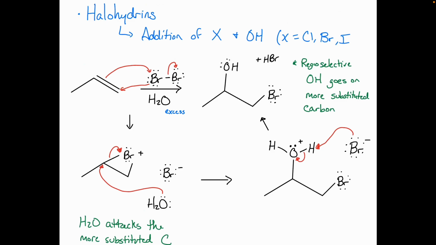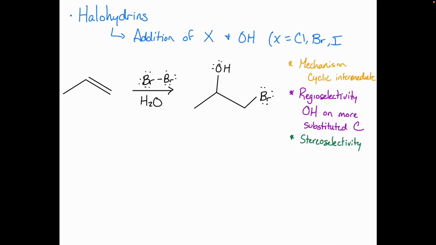Why anti? Because of that cyclic intermediate. Same thing we saw before, right? That triangle is going to form on one side of our double bond, so the only way that our incoming nucleophile can attack is from the opposite side. So this is an anti-addition.